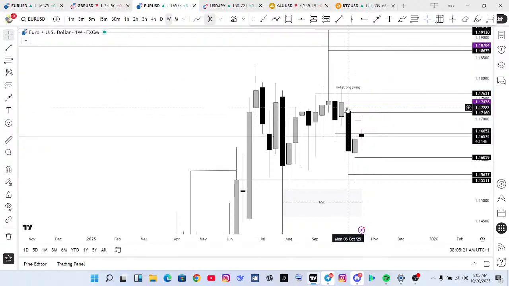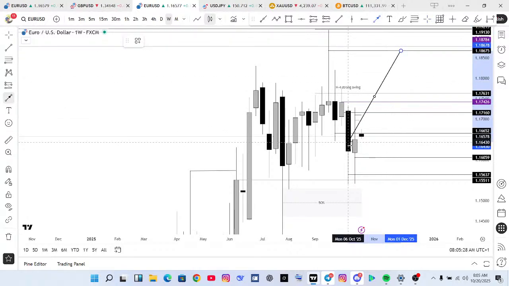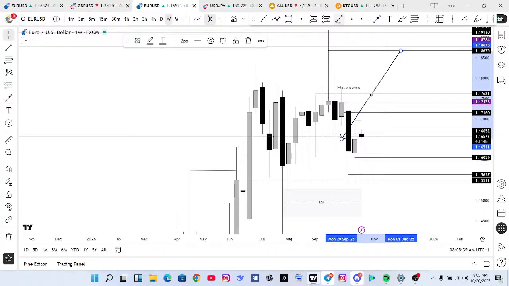Now, last 2 weeks price was bearish. Not just bearish, the price went down to take out all this liquidity here. Look at it, these are all liquidity.